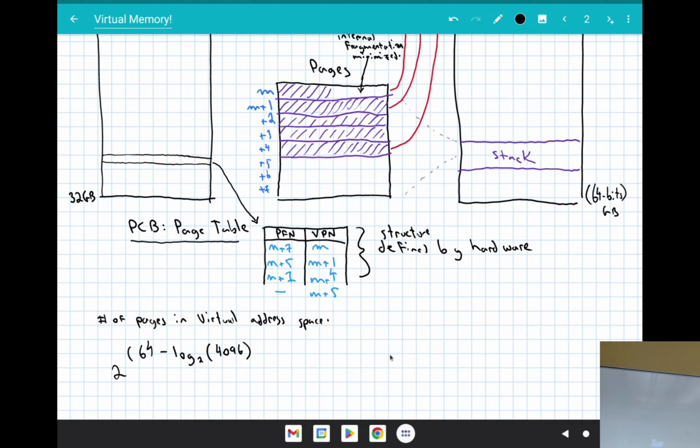This should be the number of pages. I'm going to say that it would be reasonable for the size of a page table entry to be 8 bytes.